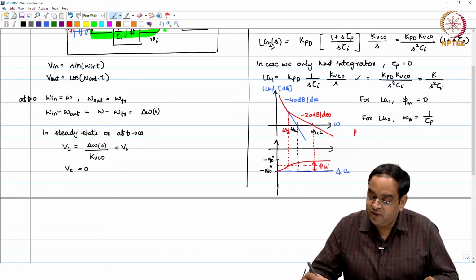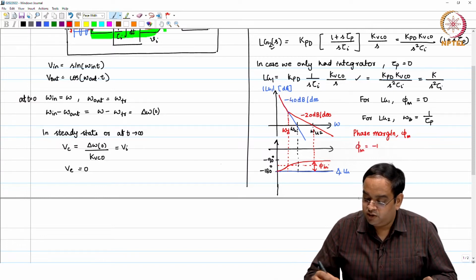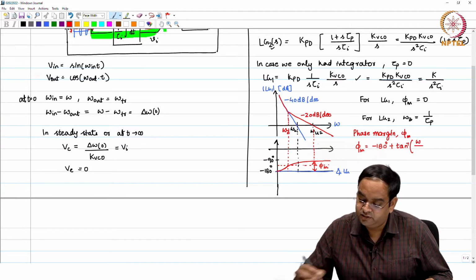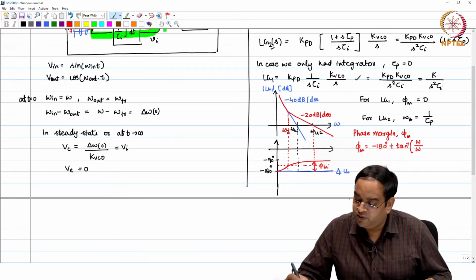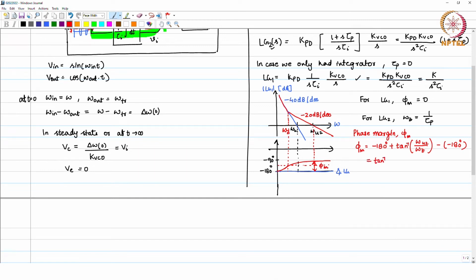What is this phase value? This phase value is minus 180 degree plus tan inverse of omega u2 by omega z. Minus of minus 180 degree, the phase margin is nothing but tan inverse of omega u2 by omega z. So, you have a positive phase margin, your system is stable.